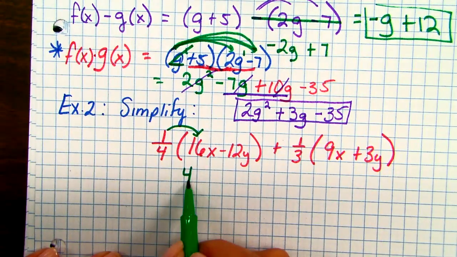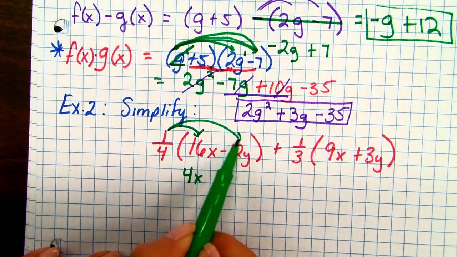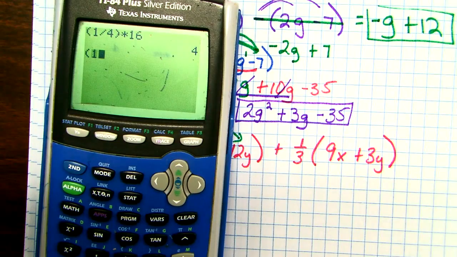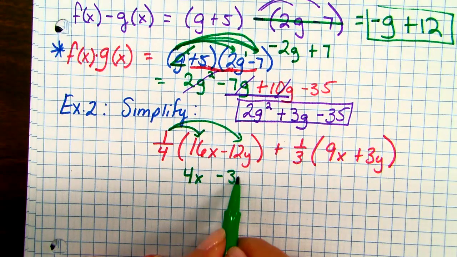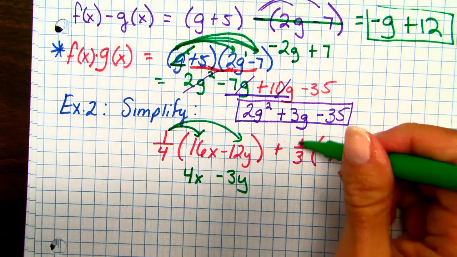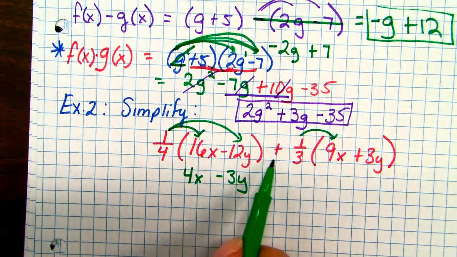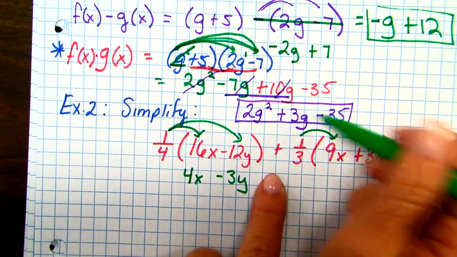4x. Okay? 1/4 times negative 12. 1/4 times negative 12. Minus 3, and there's a y. Distributing done. Same thing over here. This is a positive 1/3. Be careful, if that were a negative or a minus, you would distribute the negative, okay?